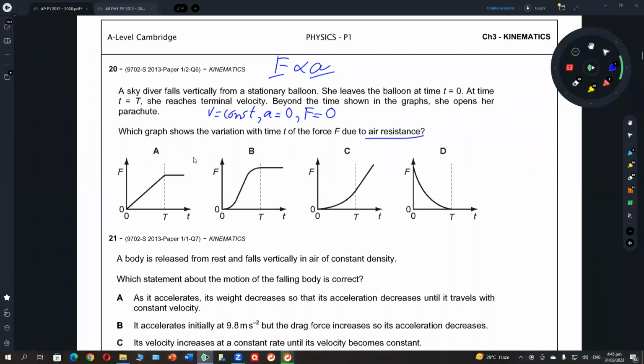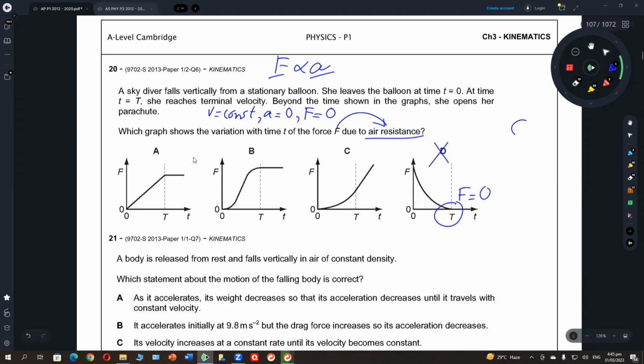Because it is also showing that the final force is 0. Yes, final force is 0, but D is wrong. Why? This is the resultant force which becomes 0. And if you see carefully what he's connecting, the resultant won't be 0 because of air resistance.